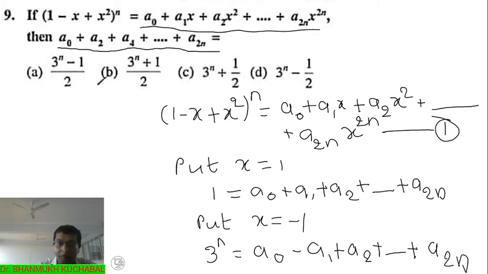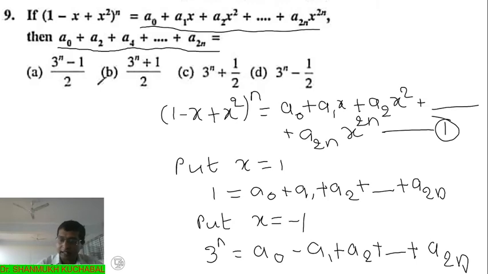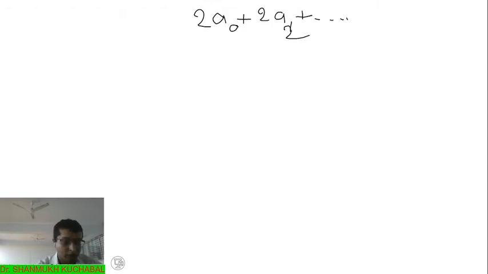Now see, we want to cancel odd terms, so we will add all this. Plus a1 minus a1 cancels, so we get 2a0 plus 2a2, like that, only even terms. a1 cancels, 2a2, 2a4, like that, up to 2a2n equal to 3 raised to n plus 1.